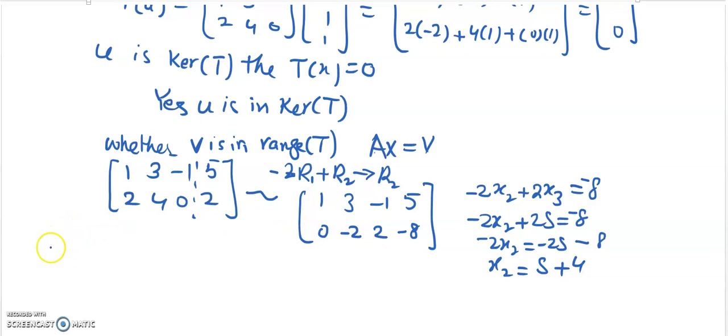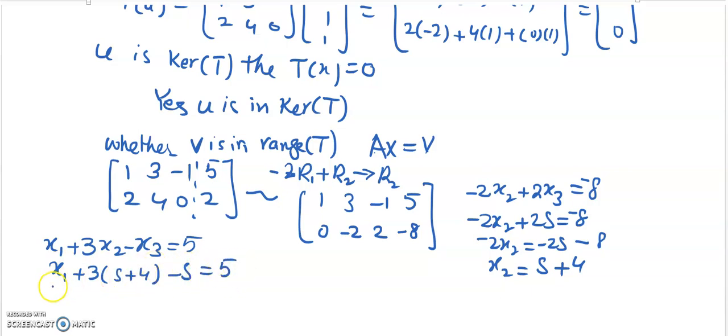And from the first equation we get x1 plus 3 x2 minus x3 is equal to 5. So x1 plus 3 into s plus 4, minus x3, which is s.